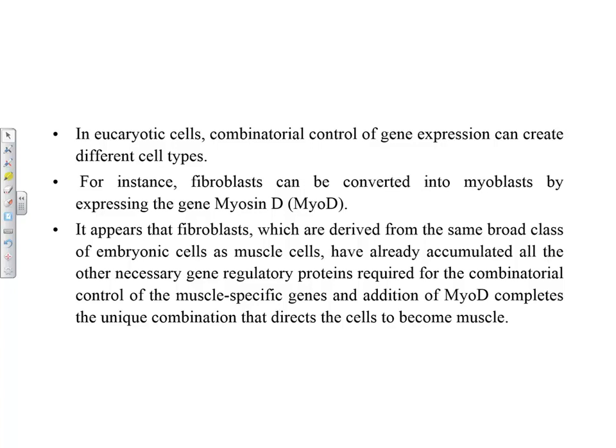So it appears that fibroblasts, which are derived from the same broad class of embryonic cells as muscle cells, have already accumulated all the other necessary gene regulatory proteins required for the combinatorial control of the muscle-specific genes. And just addition of this one protein, MyoD, completes the unique combination that directs the cells to become muscle. So it's like an AND gate. If you have 50 inputs, all the others are 1, you put in 1 in the last input, and you'll have a 1 at the output, right? Similar to that.